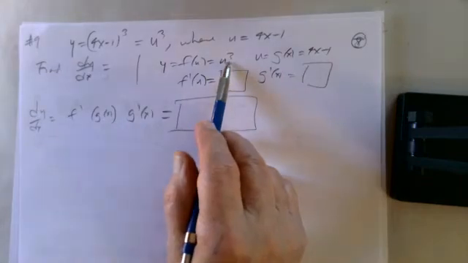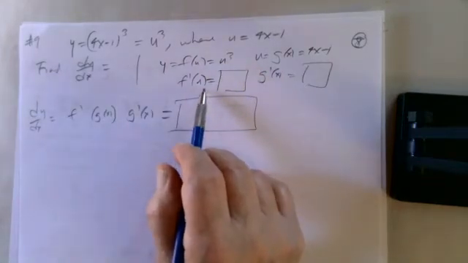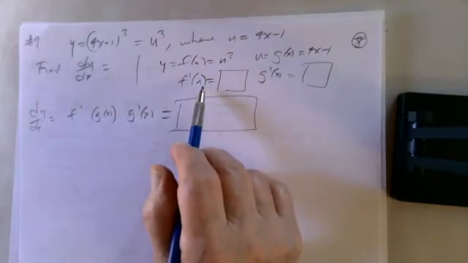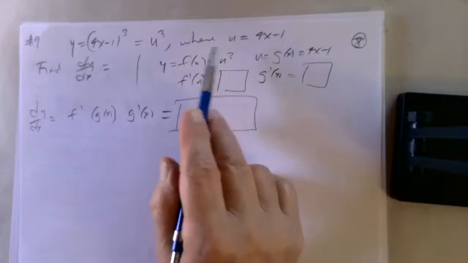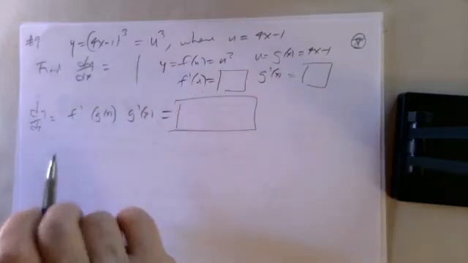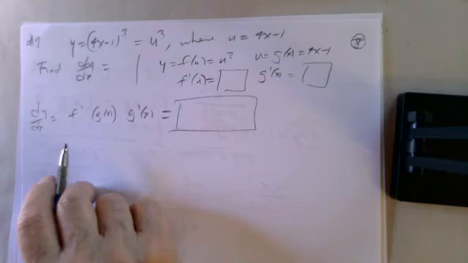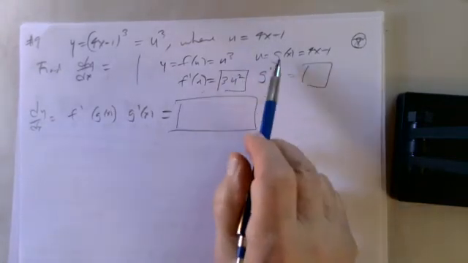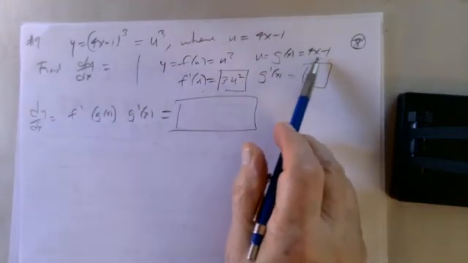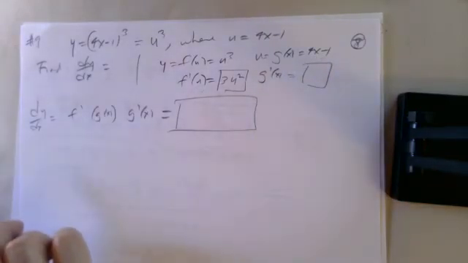So if f of u is u cubed, what is f prime of u? Can someone tell me? What's the derivative of u cubed with respect to u? 3u squared. Thank you. If g of x is 4x minus 1, what's g prime of x? 4. 4, exactly.